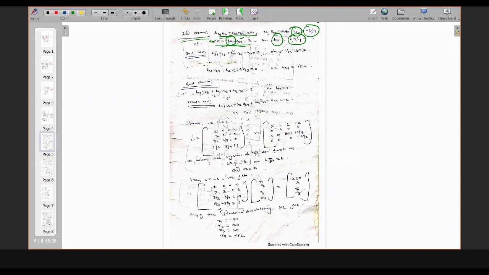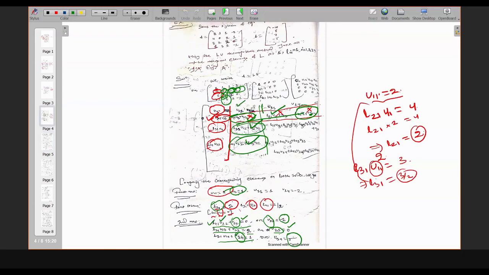Then now you come to the third row. So this is your third row. In the third row, the first two elements you already compared, and you have only these elements. Okay, so these elements you need to compare.